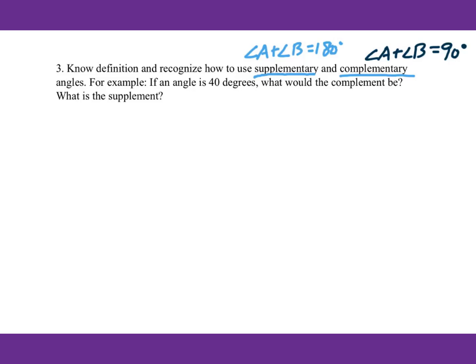Therefore, if you have an angle given as 40 degrees, for the complementary angle you do 90 minus 40, which equals 50 degrees. For the supplementary angle, you do 180 minus 40 equals 140 degrees.